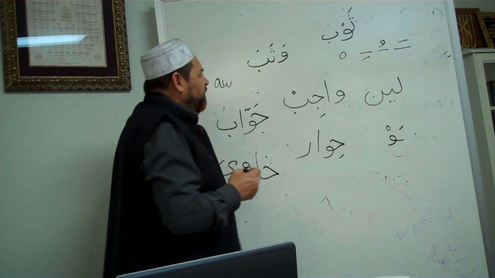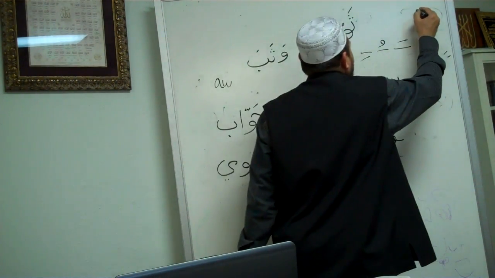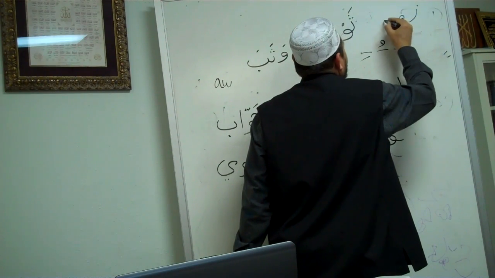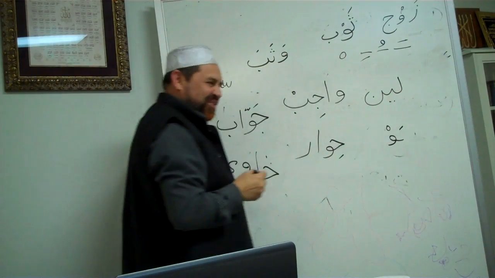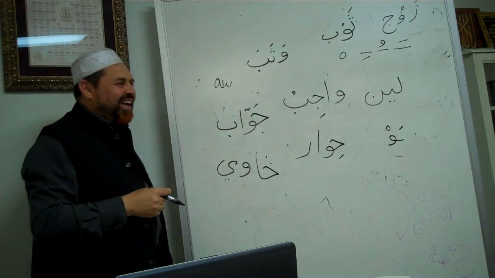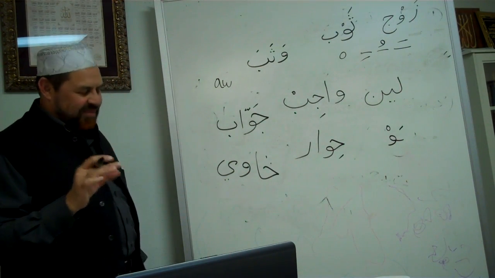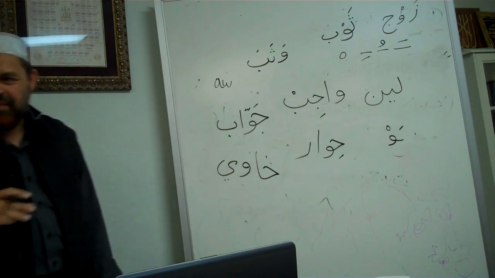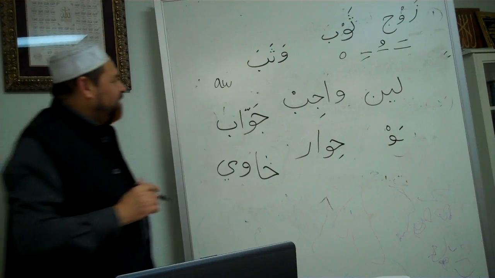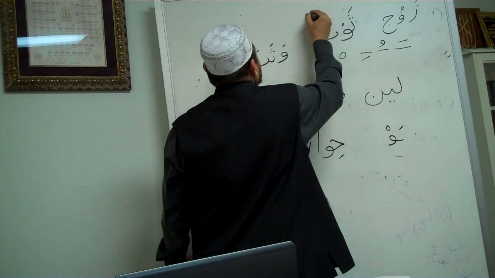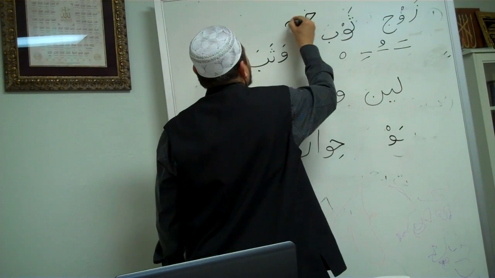And another word we have, it is a very famous word. All the women, they know this word. Zawj. Zawj means spouse, husband especially. Because for wife it is zawja. Another word they have in the book is khawkh.